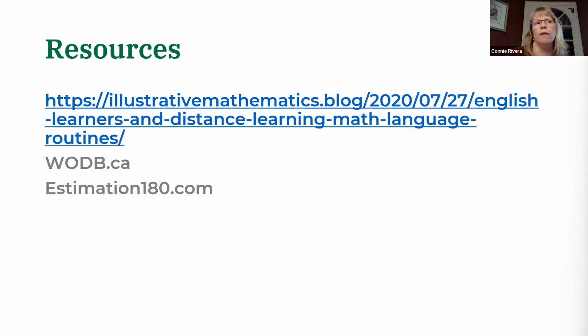So the fact that something is student-led and is not full of right answers, but ways to learn something and make a decision, I think is motivating to somebody who has struggled with math. So that's one of the things that I like about the numeracy routines.